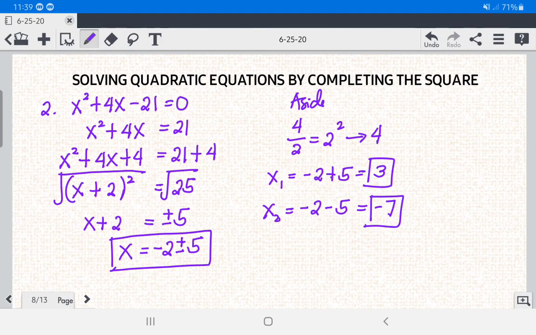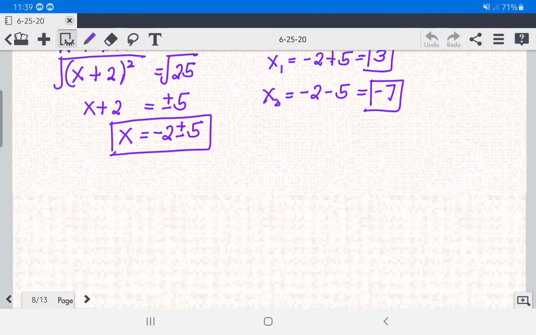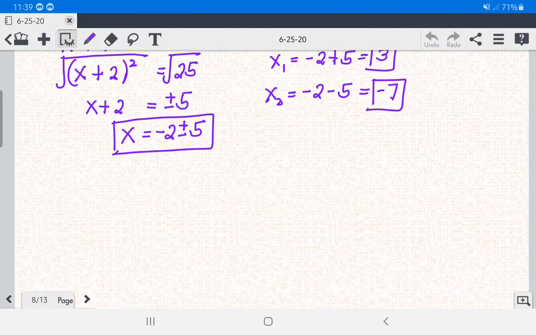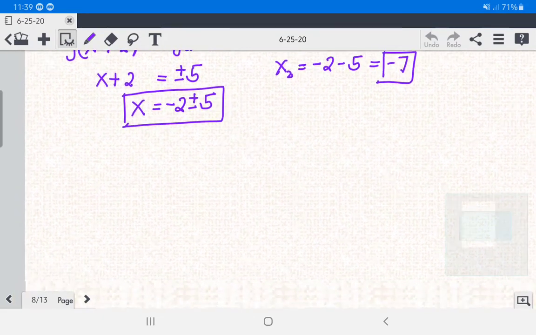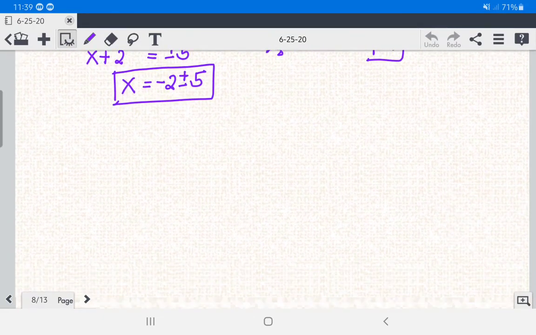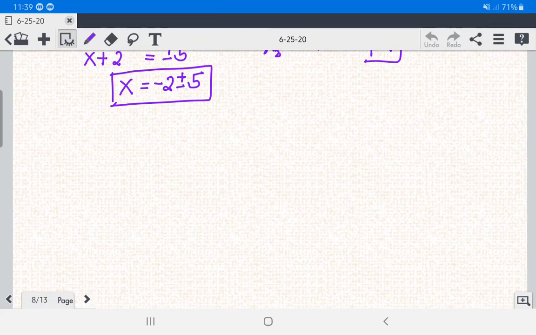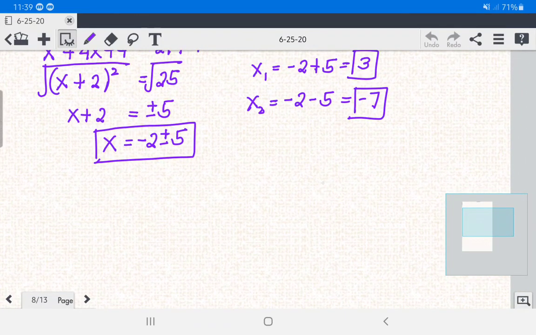Let us check. So we have 3 and negative 7 as our solutions. So let us check 3 and negative 7.